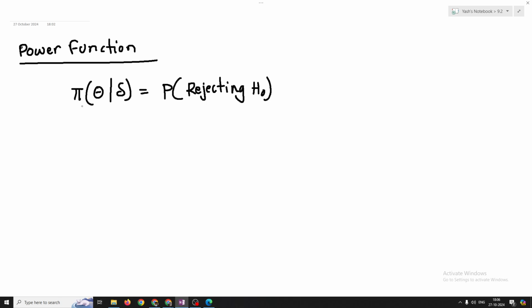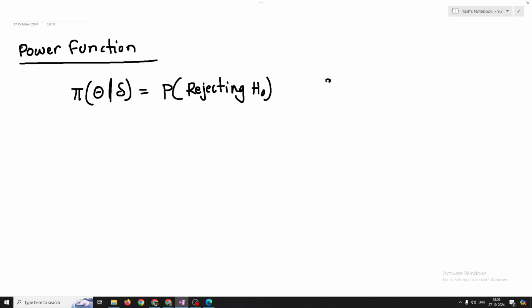What this notation really means is that you put in different values of theta here, and given that you fix your criteria to reject your h naught, you try out different values of theta, and you will get different probabilities of rejecting h naught, right?